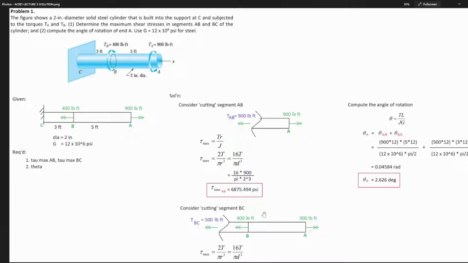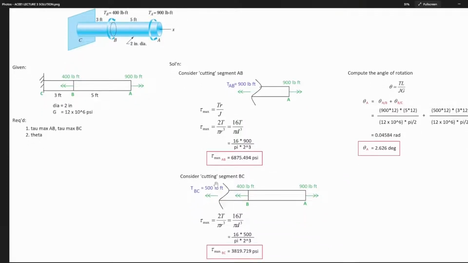So, this is our answer for AB, tau max for AB. Now, let's try cutting segment BC. If you cut segment BC, you will also have to balance the torques. What balances it? You have 900 to the right, 400 to the left.